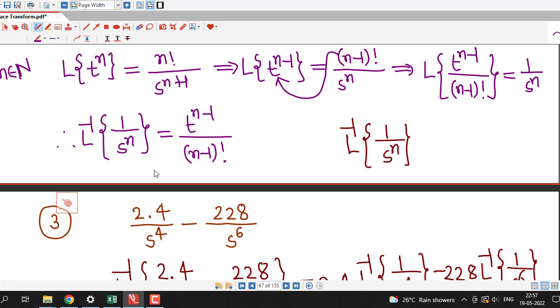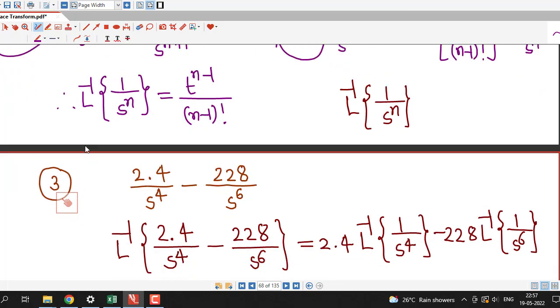Therefore L inverse of 1 over s raised to n is t raised to n minus 1 divided by n minus 1 factorial, provided n is a natural number. So we can use this formula now with n equal to 4 and n equal to 6.